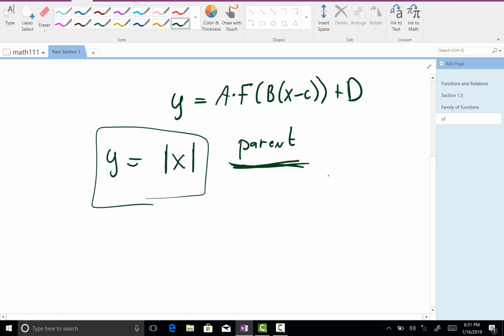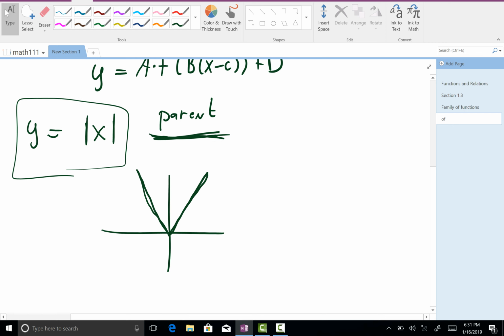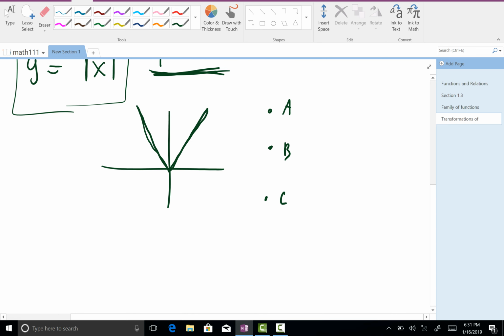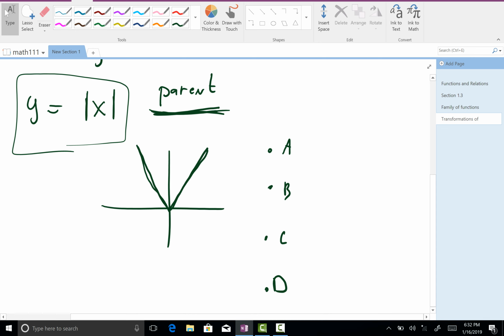So what we're going to do is take this parent, which is an absolute value function, so it looks like this, and we're going to manipulate it. What we want to know is what A, B, C, and D do to the graph.